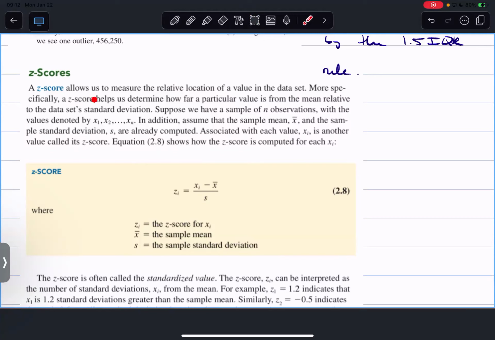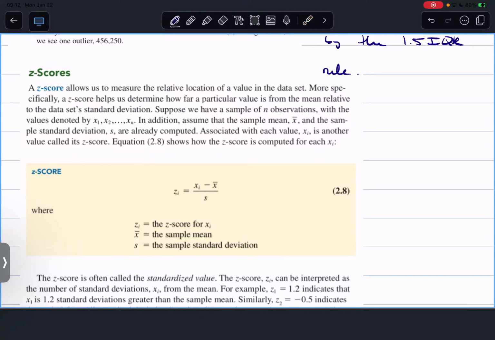A Z-score measures how far an observation is from the mean, right? That's a deviation. We've seen that before. But what we want to talk about specifically is how many standard deviations from the mean this value is.